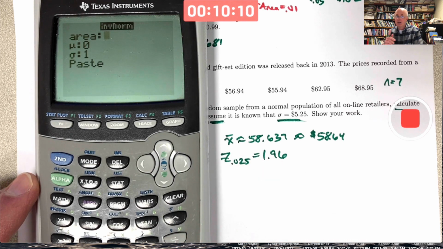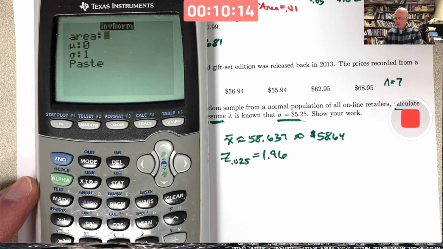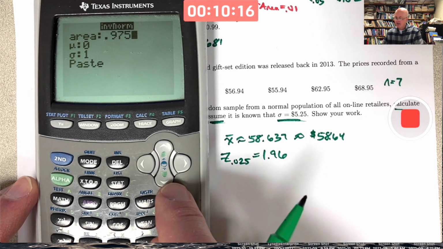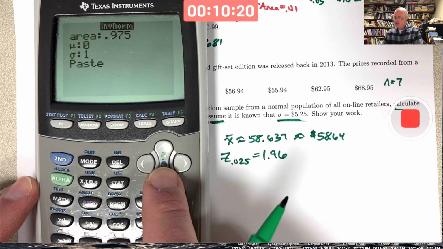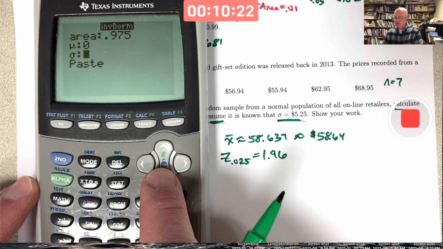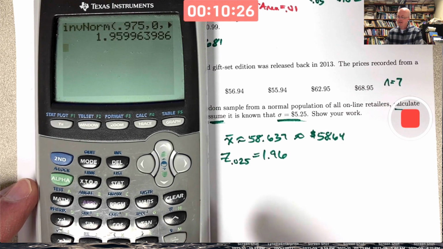Area to the left, careful, is 0.975. And we are talking about a standard normal distribution here when we think about z. Mean of 0, standard deviation of 1. Paste this. And yes, you get about 1.96, okay?